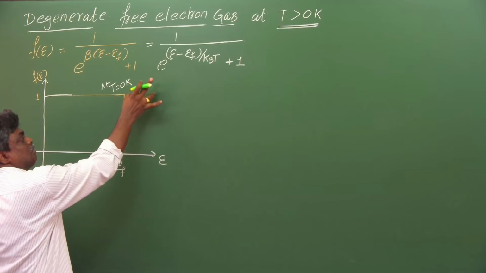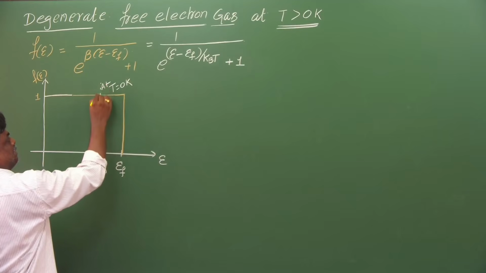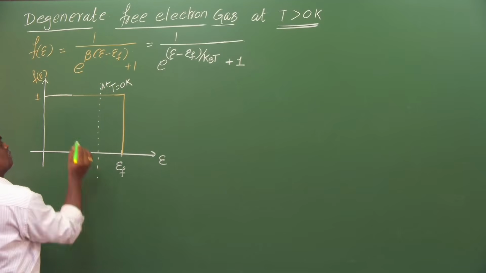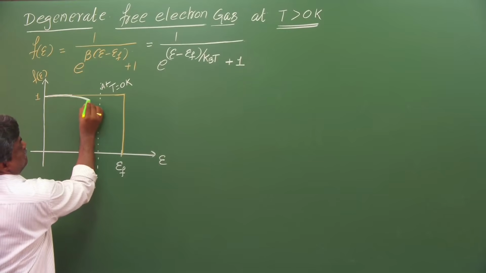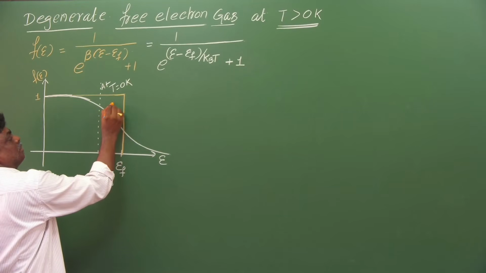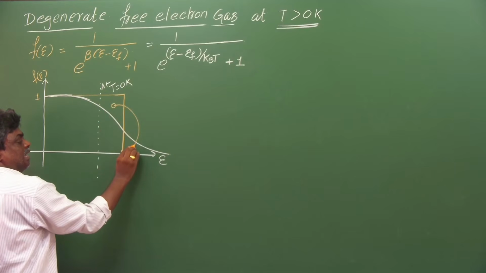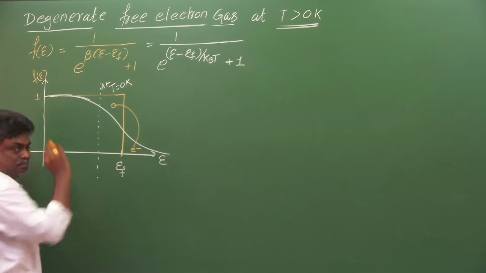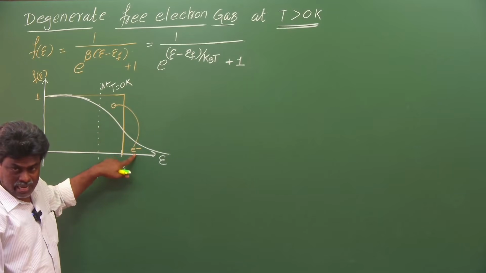As T increases, some of the electrons here will be excited to the higher states, and here we get a vacancy and there we get an electron.